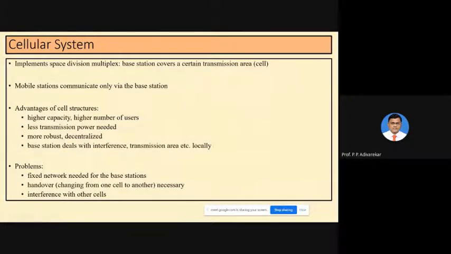This is one complete side. If we consider the hexagon and try to draw the circle, it will cover the maximum area of the circle, which is closer to the radiation pattern of the circle.